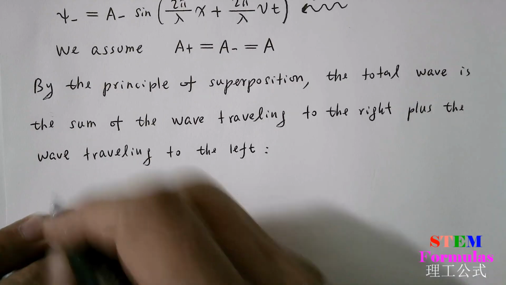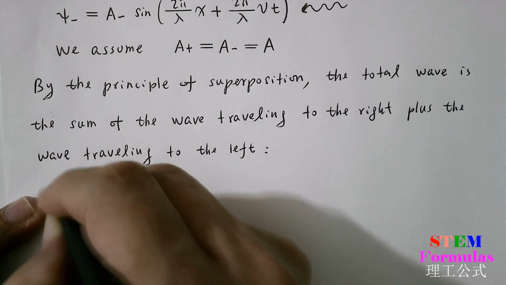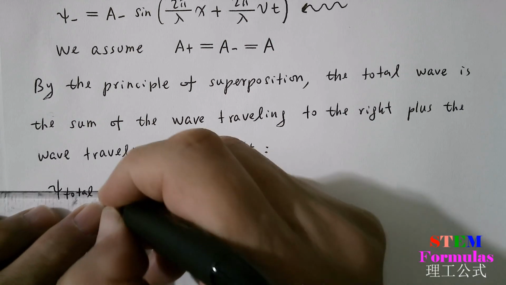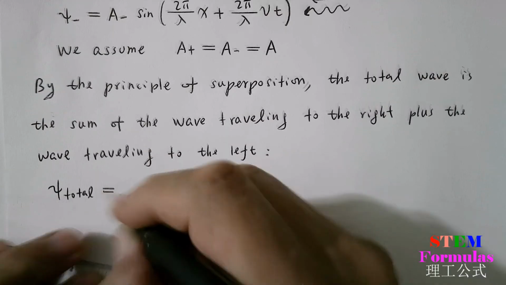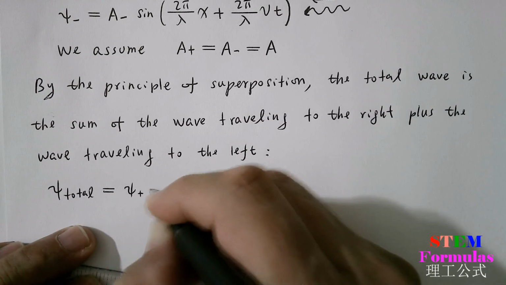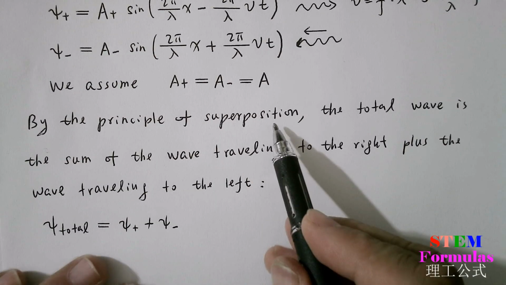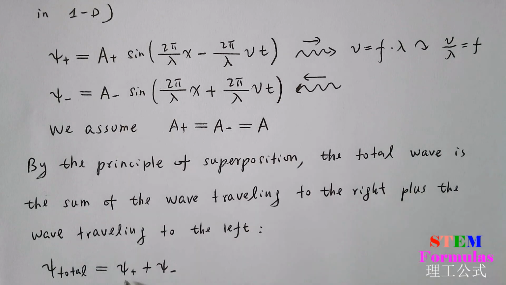So therefore psi total equals psi plus plus psi minus. Superposition means the waves are added together.